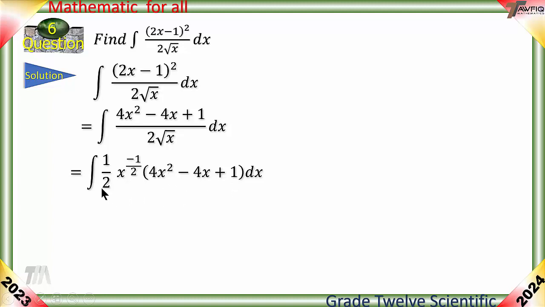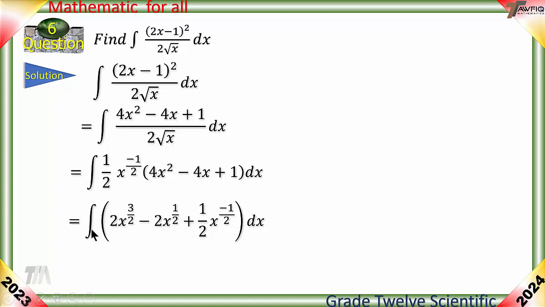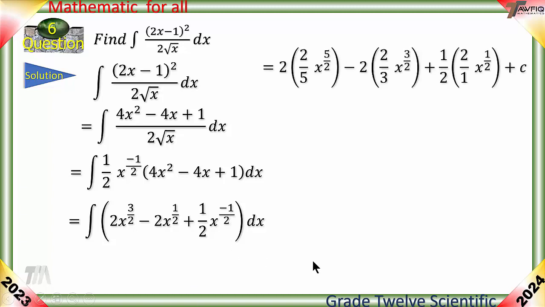And now multiply this with the inside of the bracket. So it becomes the integration of 2x with the power 3 over 2 minus 2x with the power 1 over 2 plus 1 over 2 x with the power minus 1 over 2. And now take the integration.